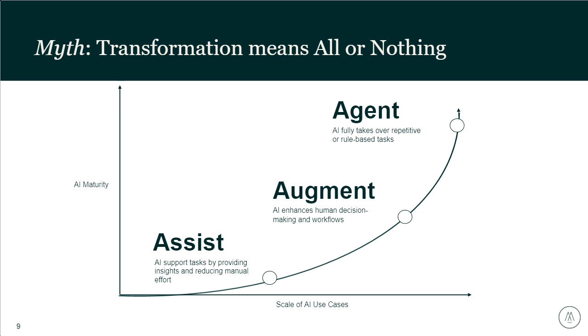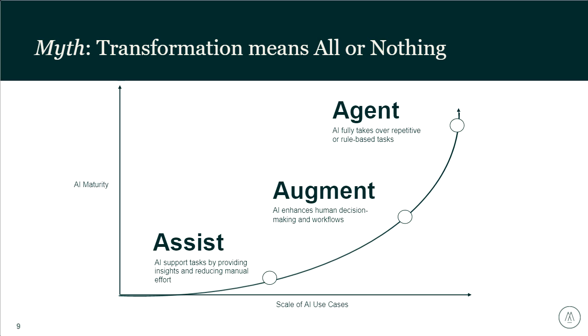AI maturity on the left-hand side encompasses an organization's ability to leverage AI and derive business value from it. What I mean here is that the business has the resources and the governance frameworks in place to responsibly use AI.